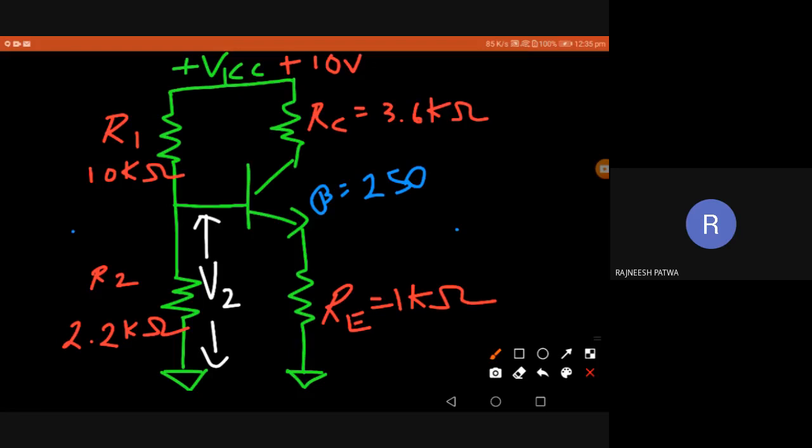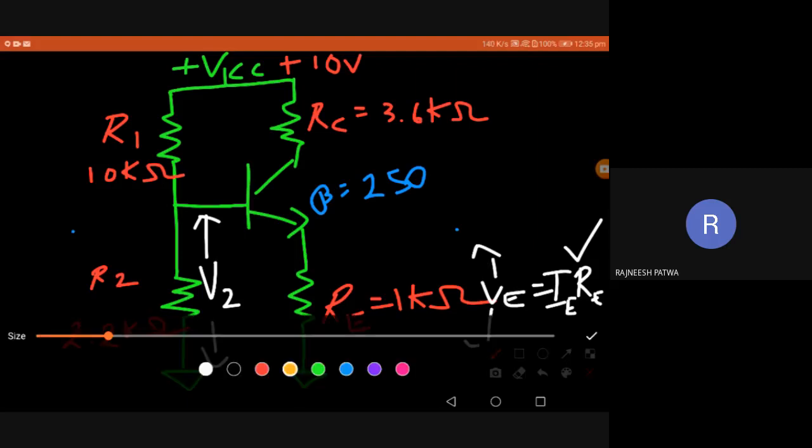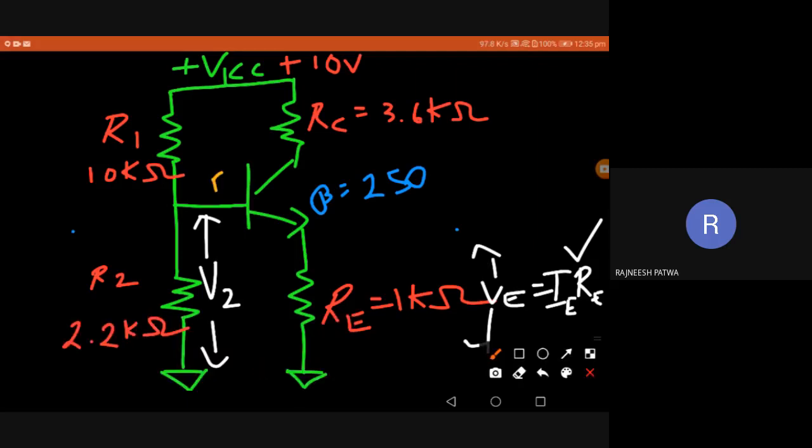The voltage at this point VE is IE into RE. We know RE, but we don't know IE. But we know one more thing, the base emitter voltage. This is base, this is emitter. VBE of a silicon transistor is 0.7, we know.